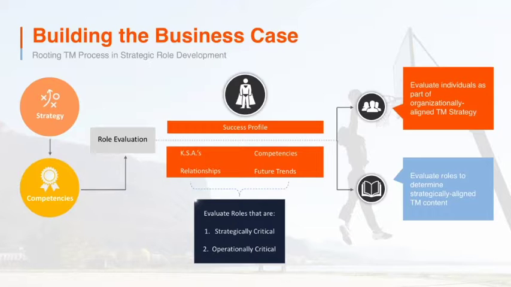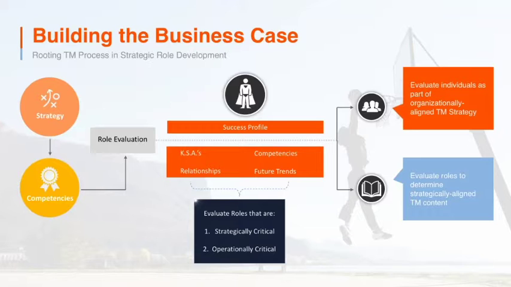What are the competencies as articulated to my organization? What are the competencies that are crucial, as well as what are the future trends that are important for this role? What are the relationships that they have to manage? You have to have articulated that for the role. What is the exemplar of this role?